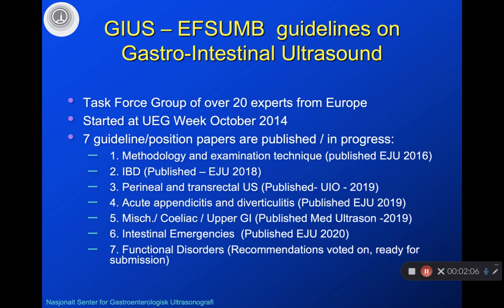Then we went on with perineal and rectal ultrasound, acute appendicitis and diverticulitis, and miscellaneous disorders like celiac disease and various upper GI disorders, published in 2019. Early this year we had the sixth guideline published, on intestinal emergencies. Right now we are finishing the functional disorders chapter, and we are ready for submission.